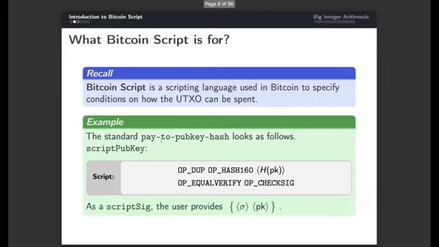Then, in order to spend the coin, you need to provide the scriptSig, which is the values needed for this condition to be satisfied. In this particular case, the scriptPubKey allows you to spend coins if you have the signature corresponding to the hash value of the public key, which is published on chain on Bitcoin.